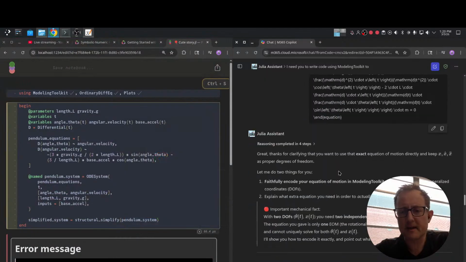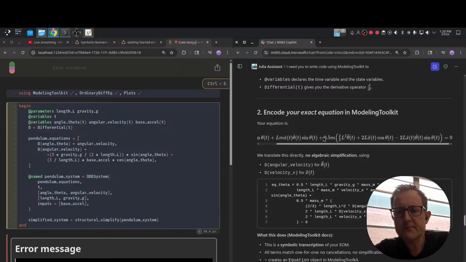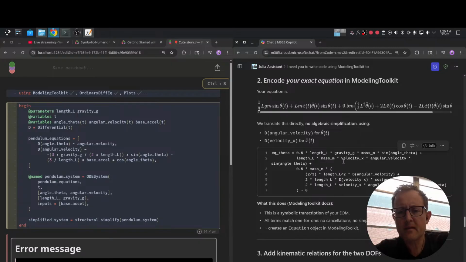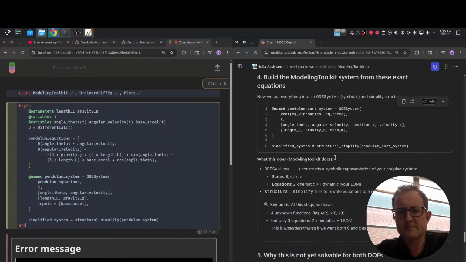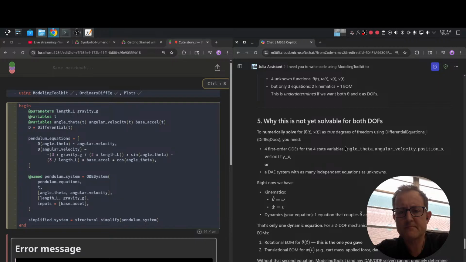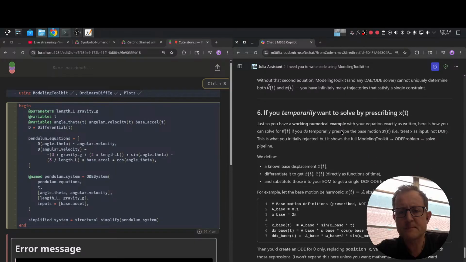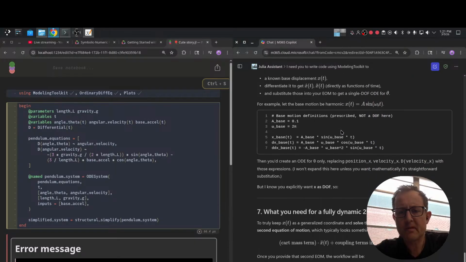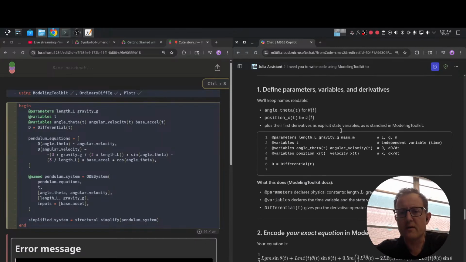Let's check back in on here. See, it's still trying to turn it into a single degree of freedom problem, but we don't need to do that.